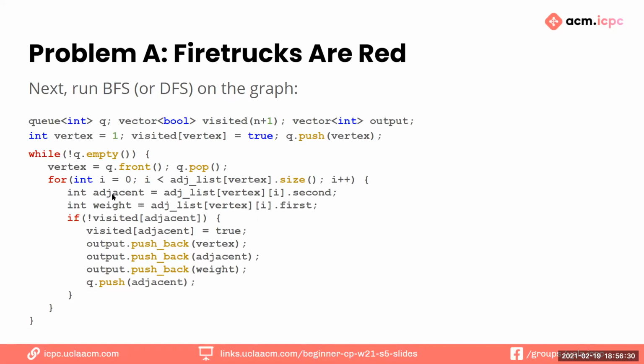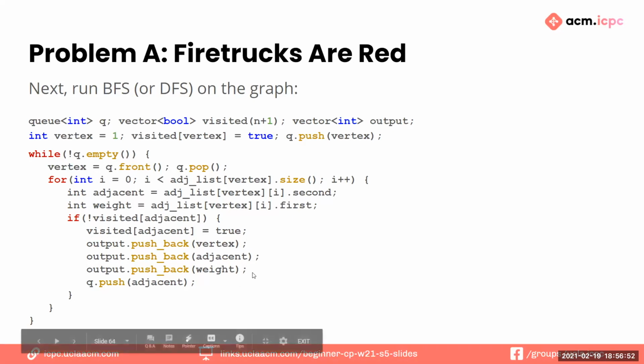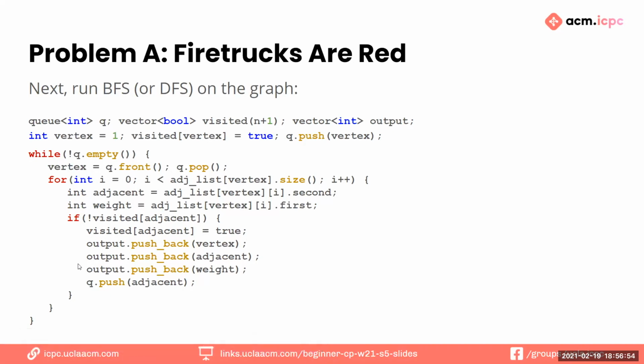And so you get the adjacent vertex and the weight, which you want to store for the output. One thing you should notice is that I'm not printing out the edges right away. I'm storing them inside this output vector. So whenever we visit a new vertex, I just store the edge onto the output vector.